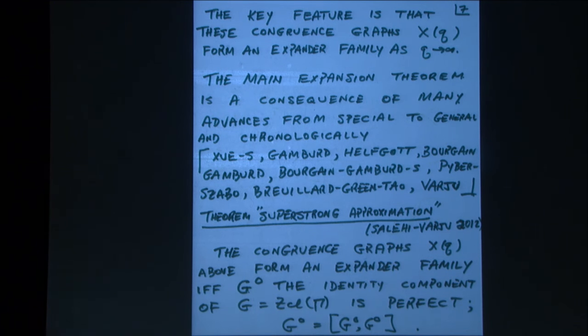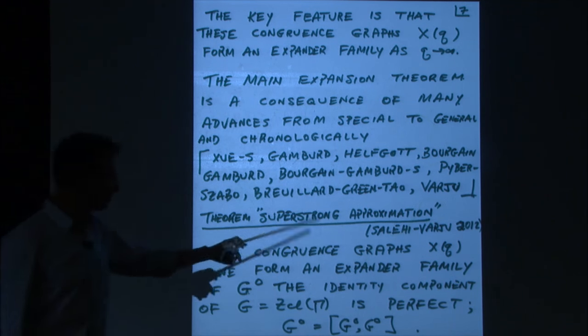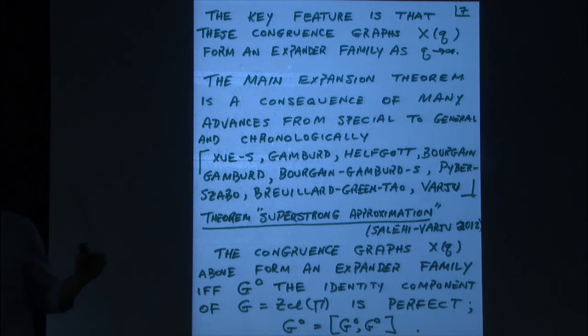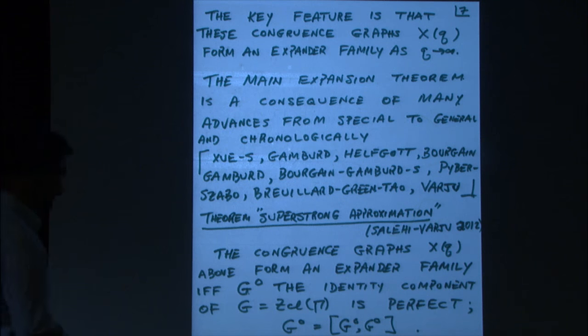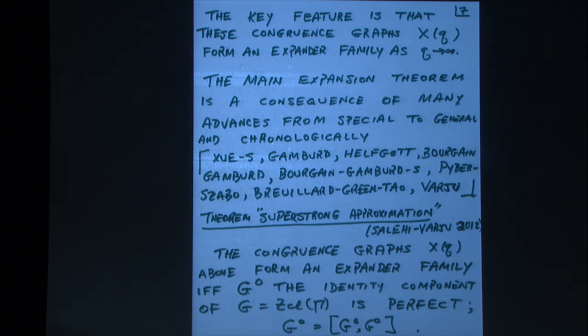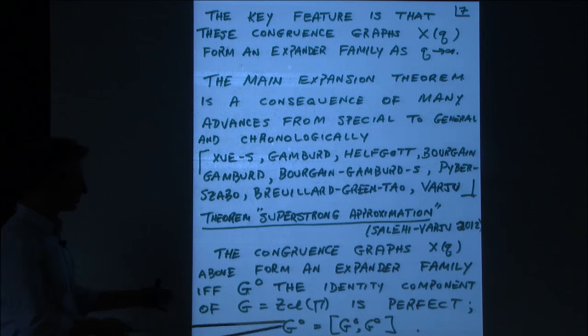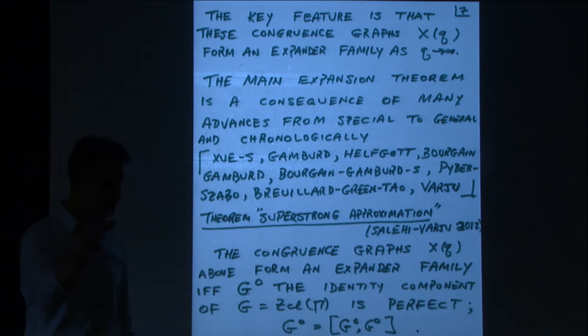The final version of the theorem as of a couple of years ago, and perhaps it's a little more elaborate right now, but this is good enough, is a theorem of Salehi Golsefidy and Varjú, which is an if and only if. It was stated this morning. Let me review it. It's a beautiful theorem. It's a fundamental theorem. And that is these congruence families are an expander family if and only if the connected component of the identity, everything's in terms of the Zariski closure, as all good theorems should be.